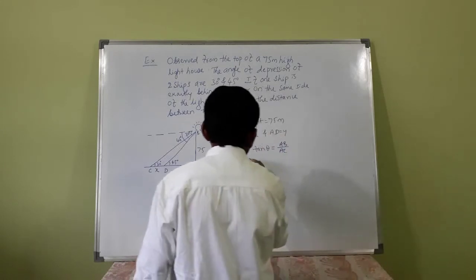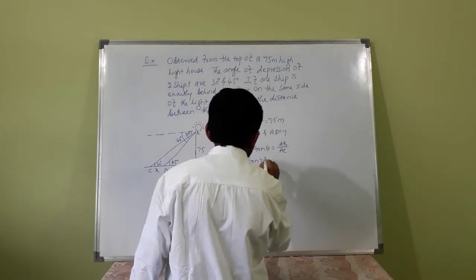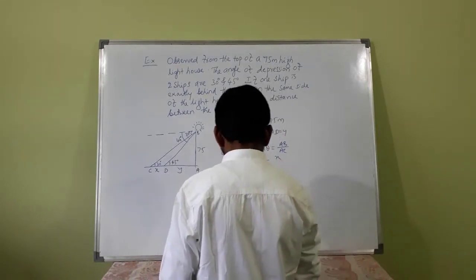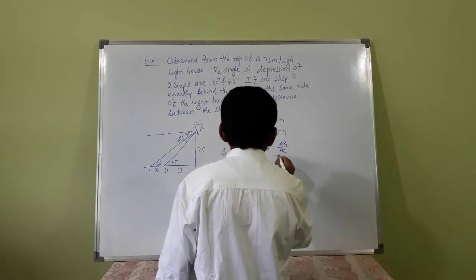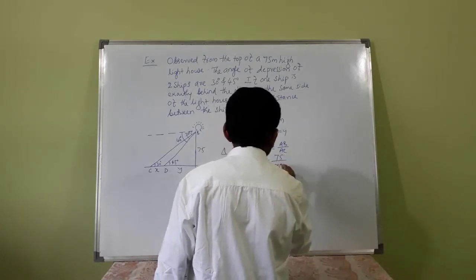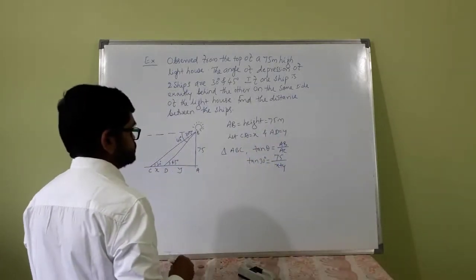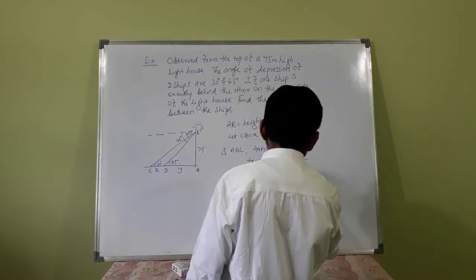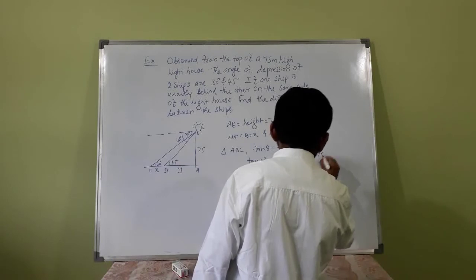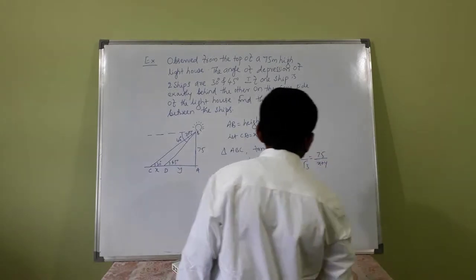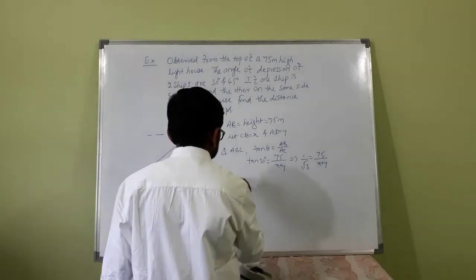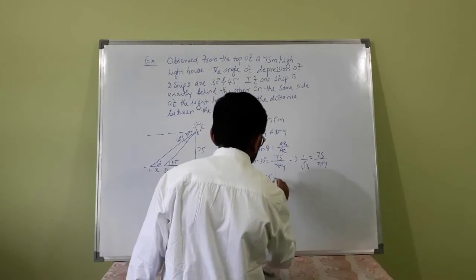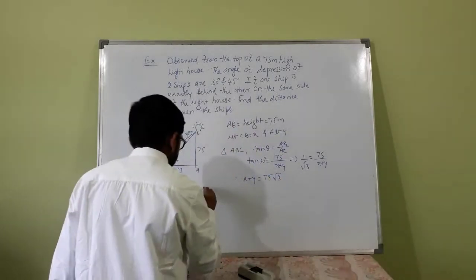That is, tan 30 degrees is equal to AB, which is 75, divided by x plus y. What is tan 30? 1 by root 3 is equal to 75 divided by x plus y, or x plus y is equal to 75 into root 3.